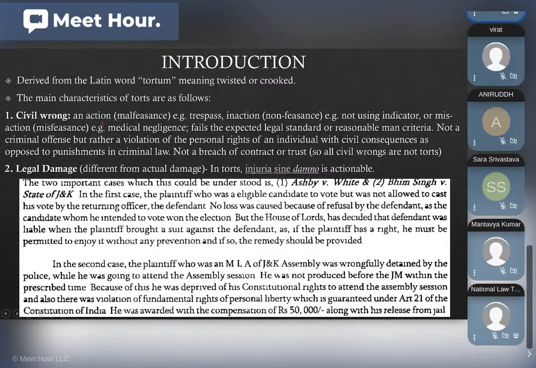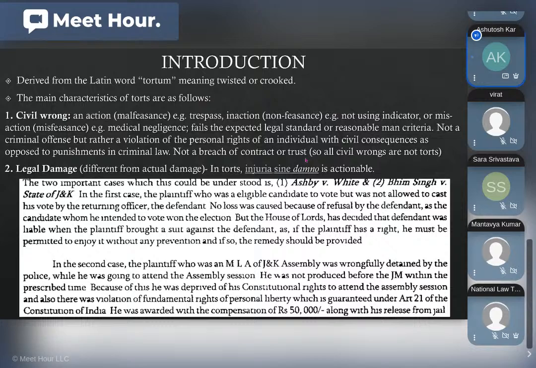A civil wrong, which is a tort, is also not a breach of contract or trust. So while torts are civil wrongs, all civil wrongs are not torts, because they will also include a breach of contract or that of a trust. So a tort is basically something where you have committed some kind of civil wrong that has failed a reasonable level of expectation from you.